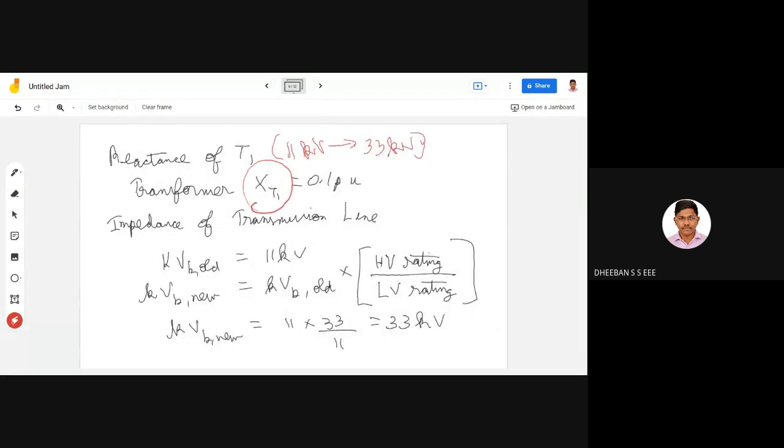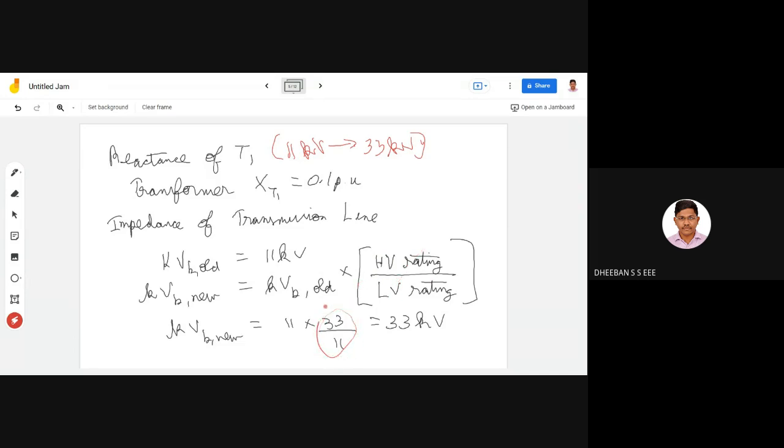This corresponds to the transformer. Next is the impedance of the transmission line after the jump, which you have to consider. Here the old base voltage is 11 kV, and this 11 kV is substituted into the high voltage rating by the low voltage rating, which is your turns ratio.